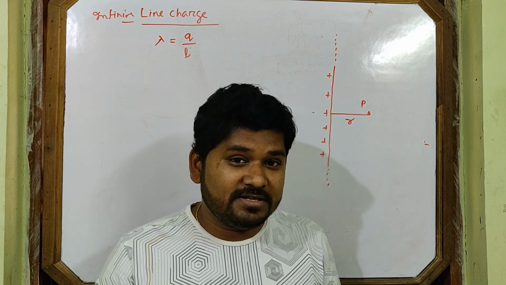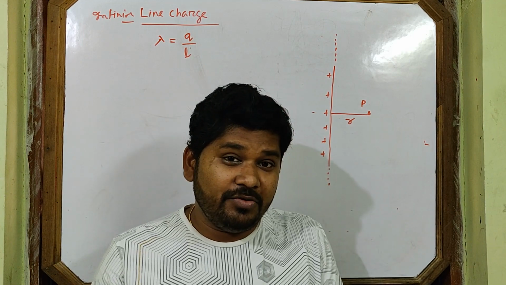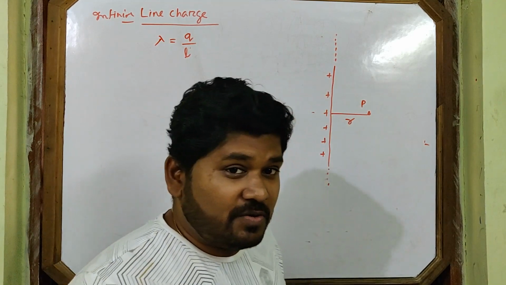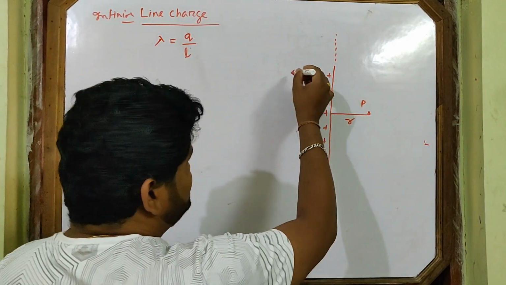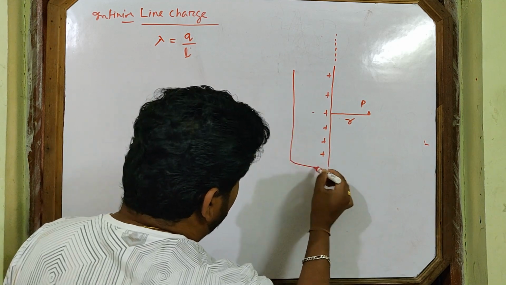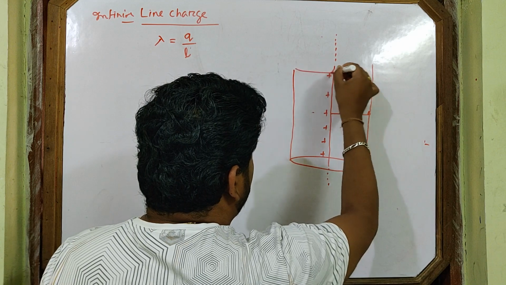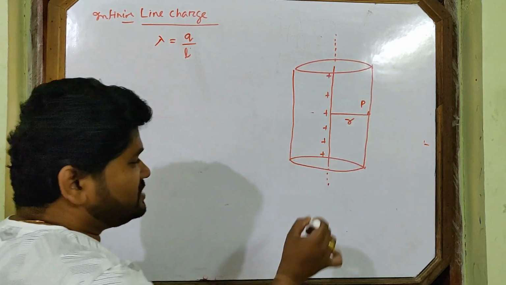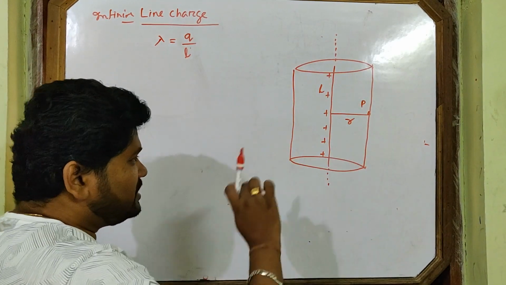We have to draw one Gaussian surface, and I have told you that you choose the Gaussian surface according to your comfort zone, how easily you will get the answer. So I am taking the Gaussian surface as one cylinder, with the same R here, such that point P lies on the Gaussian surface and it encloses L length of the rod.